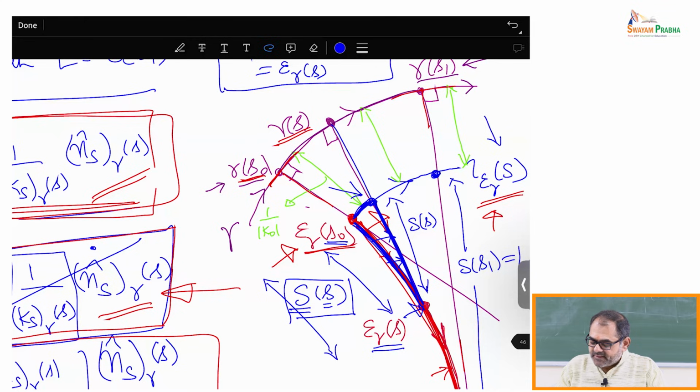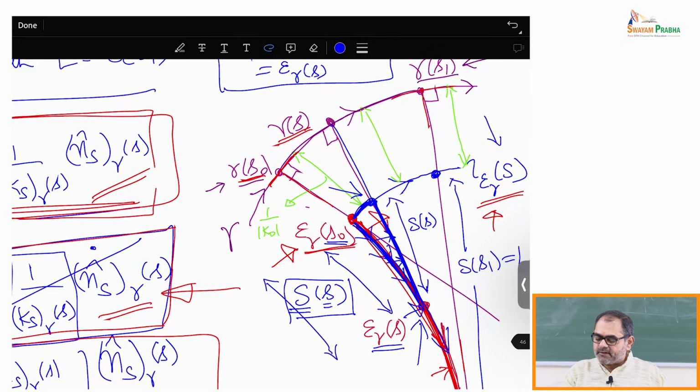You get this point by starting from this point on the evolute corresponding to small s, and then you have to move in the direction negative to the unit tangent vector. So you see the evolute is being traced like this, and therefore the unit tangent vector will be like this, and you have to move in the opposite direction.